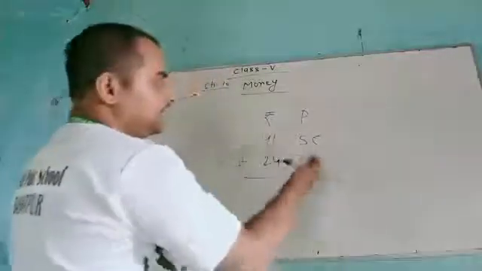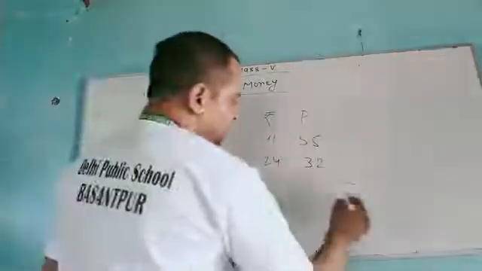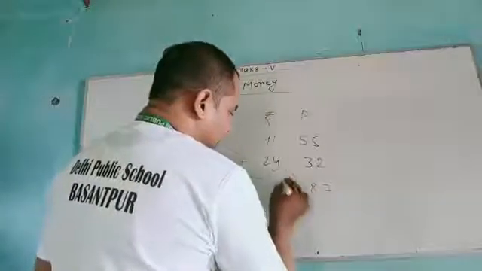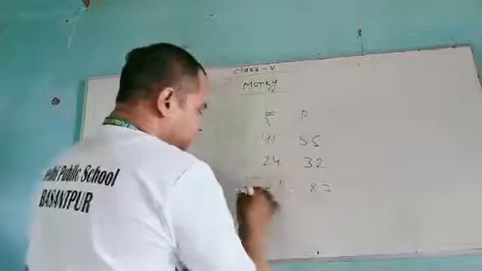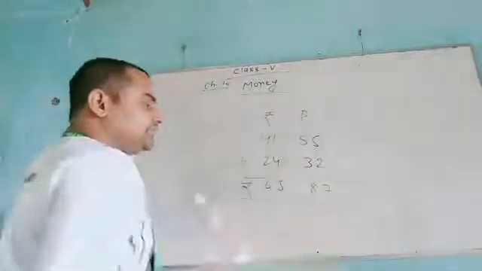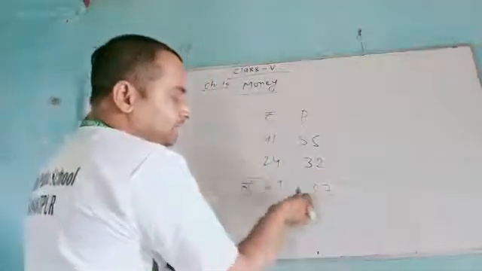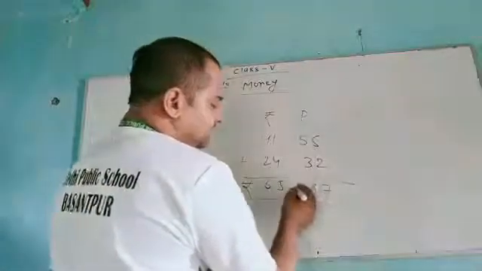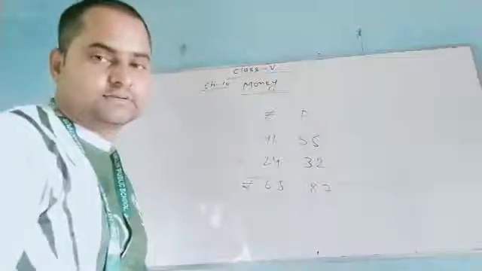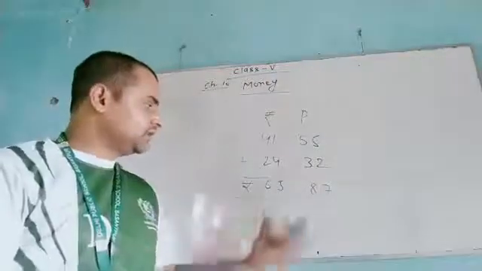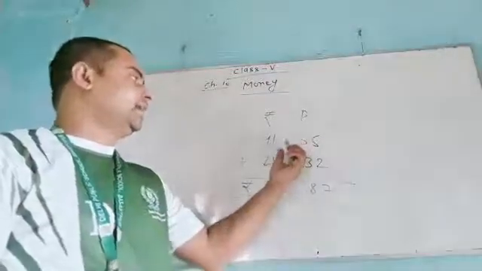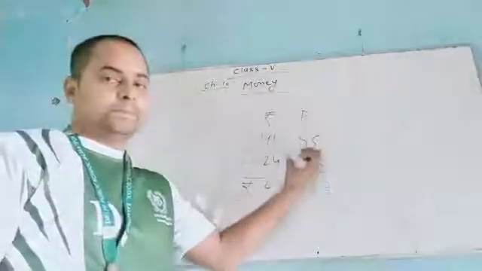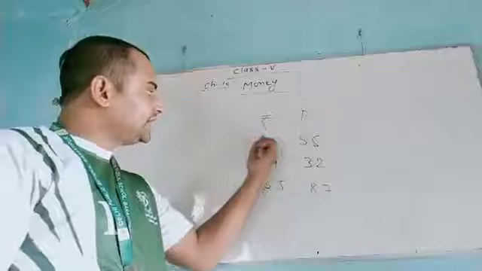Okay, after that you add: first 7, 8, 5, 6. Your answer is 65 rupees and 87 paise. You put the decimal in this place. Okay, students.